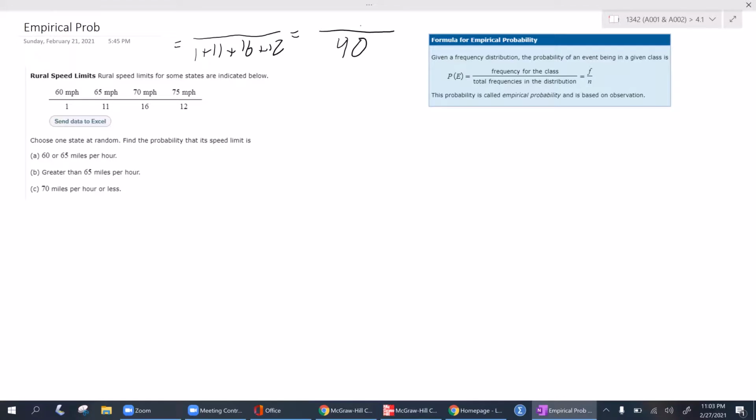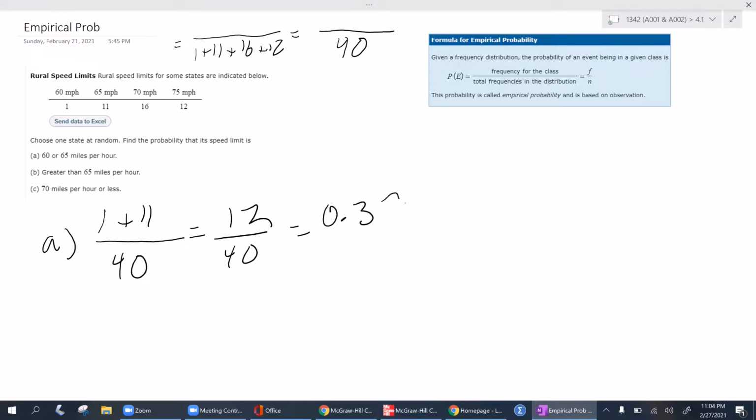And so the probability of getting a 60 or 65: the probability of me getting a 60 is going to be 1, and then the probability of me getting a 65 is going to be 11. So I'm going to add those two. This is 12 over 40. This gives me 0.3 or 30%. Very nice.